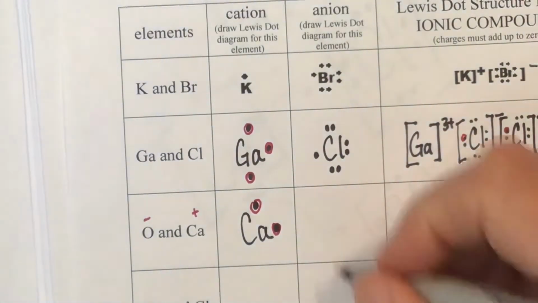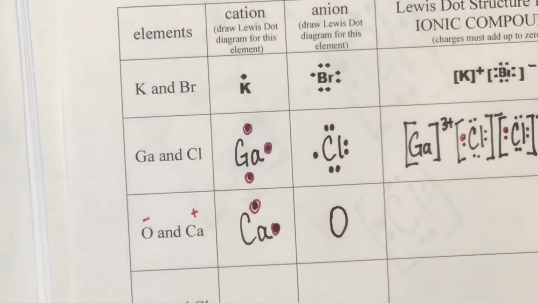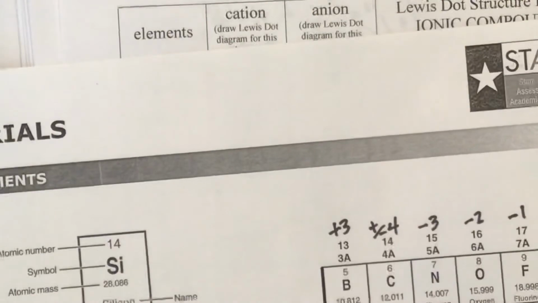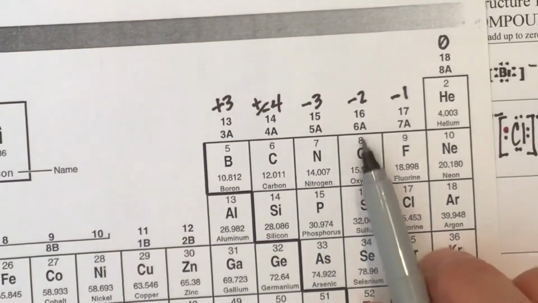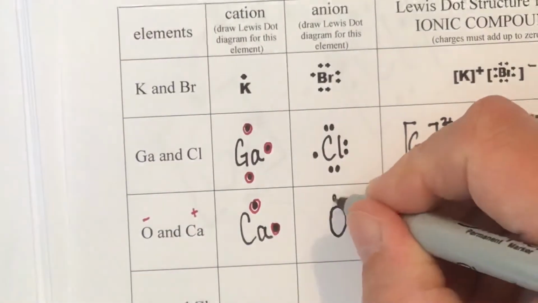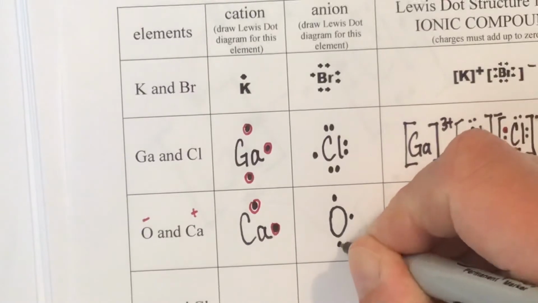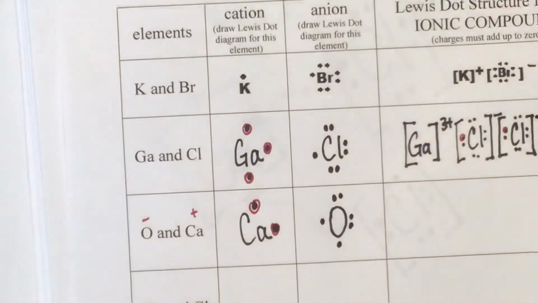Now we're going to draw oxygen. The symbol for oxygen is O. And oxygen, what group is it in? Why, there it is right there. It's in group 16 or 6A. How many valence electrons does it have? Good. Yes, it has 6. So we go 1, 2, 3, 4, 5, 6.